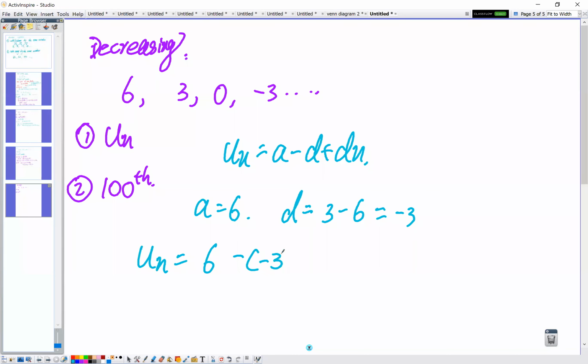Okay, now let's do a similar one to check whether you understand this or not. Like this question. The question asks you first to find the un, second can you find the 50th number? Try this one, please.